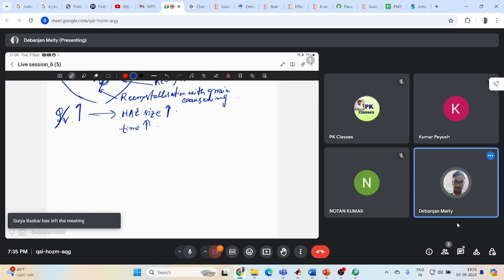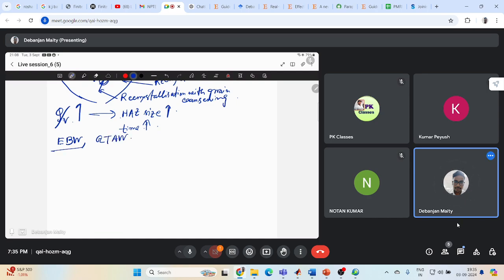And can you tell me, let's say there are two processes: one is electron beam welding and one is gas tungsten arc welding.